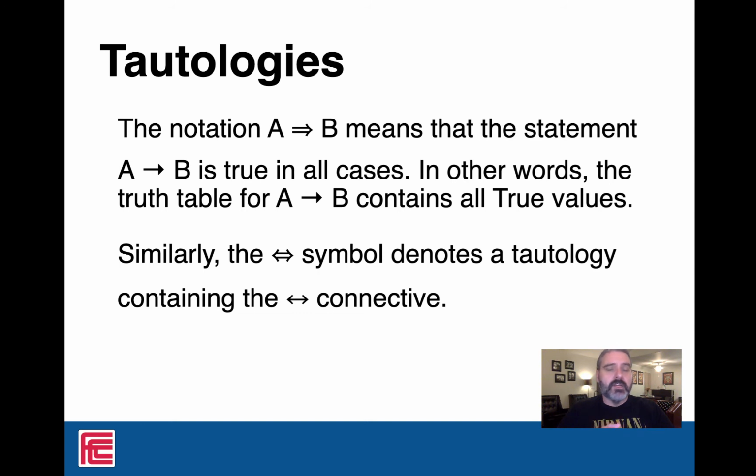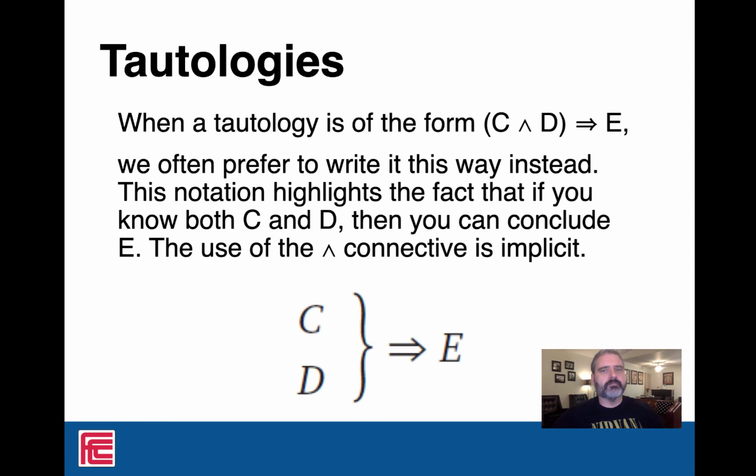That is a tautology. There's also the other double arrow with the two lines representing equality, and that is for the if and only if situation, where not only A implies B, but also B implies A. So tautologies can also go both ways.